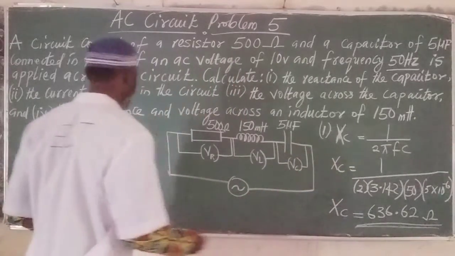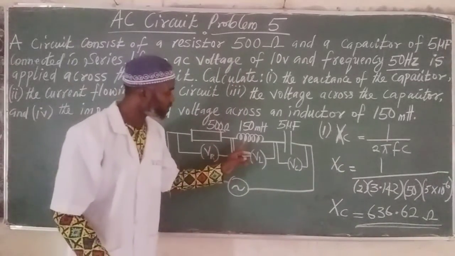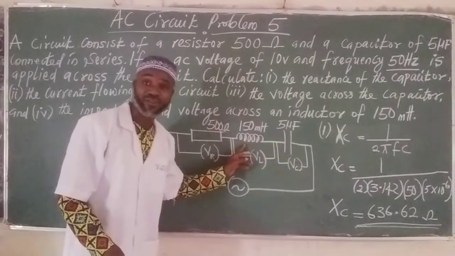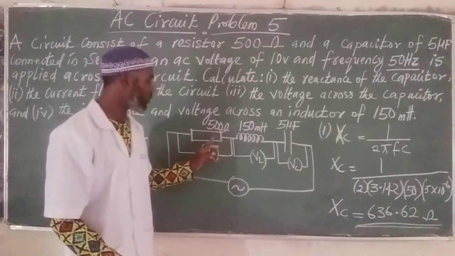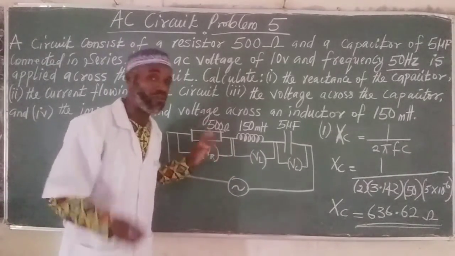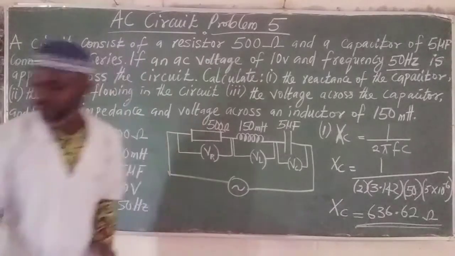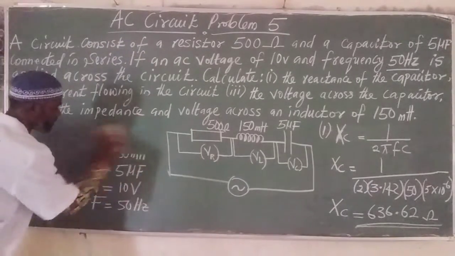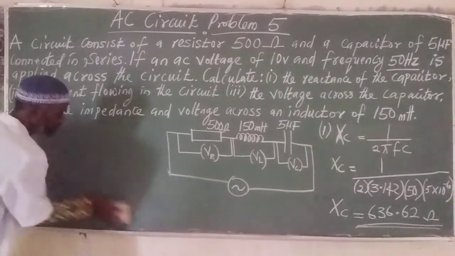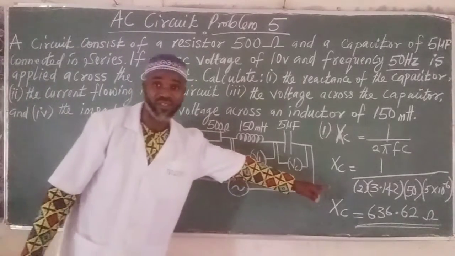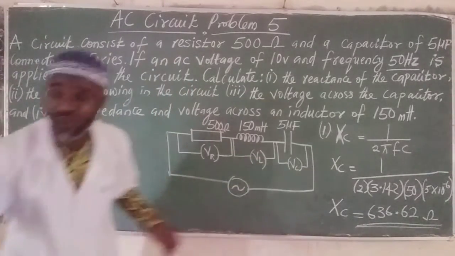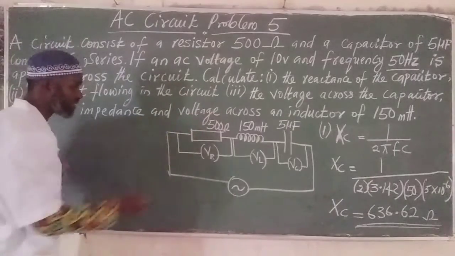First of all, we need to find the reactance of the inductor. We already know the resistance of the resistor, so we don't have a problem with that. So we clean up this to have space. Take note that we have found this, because very soon I'm going to clean it off and then solve on that side.